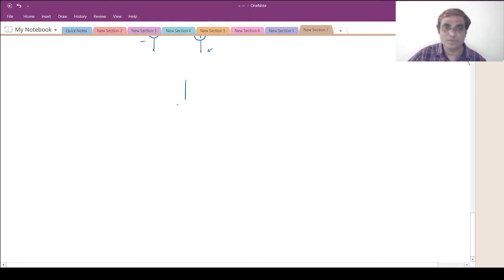Let me draw that something like this, and there will be some internal resistance connected in series with the battery, and suppose that is E and R is the value, and suppose these are two terminals, let me represent with A and O. Now let's say your load resistance has been connected.